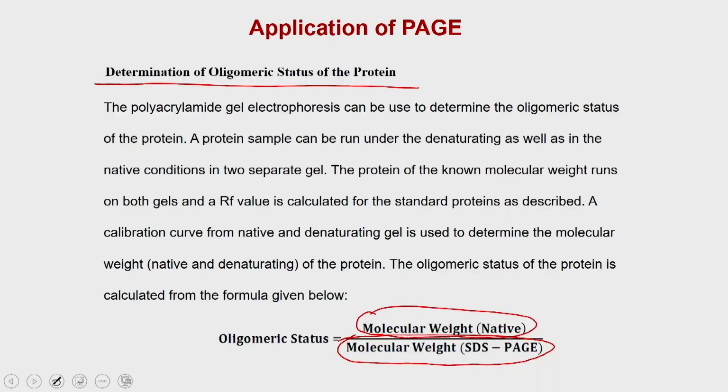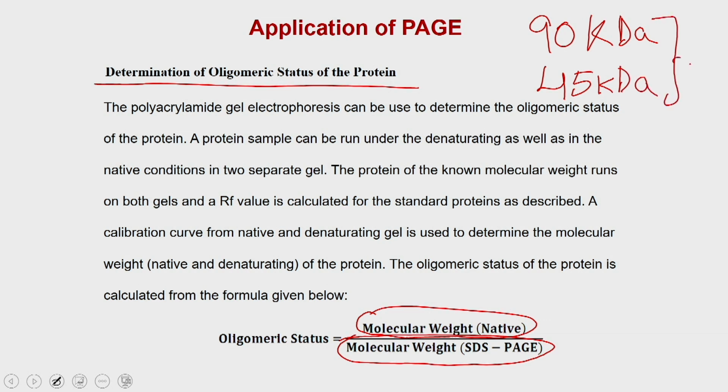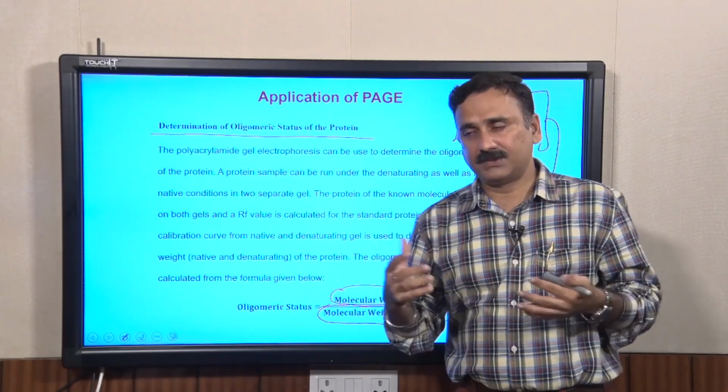For example, if you do a native page, you get a molecular weight of 90 kDa, whereas if you do the SDS page, you get a molecular weight of 45 kDa. That means your oligomeric status is 2, which means it is a homomeric dimer, which means similar units are coming together and giving you the dimers.